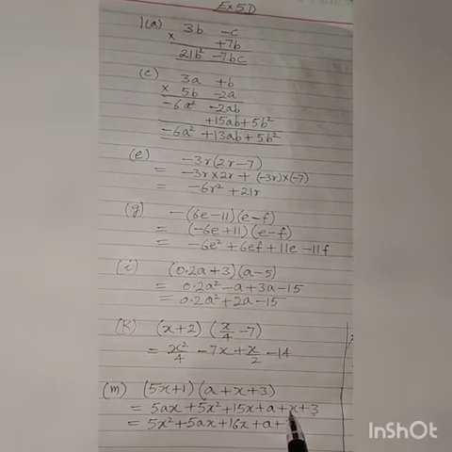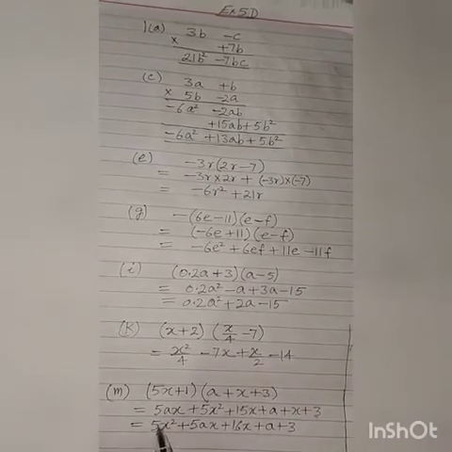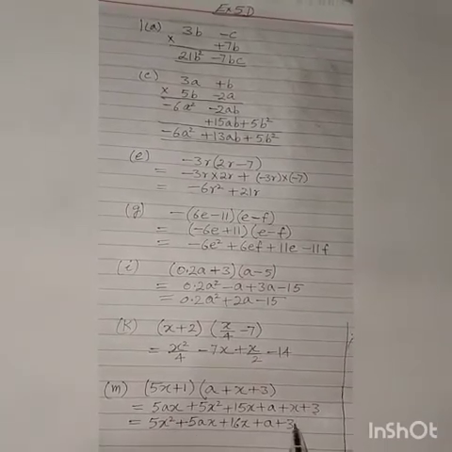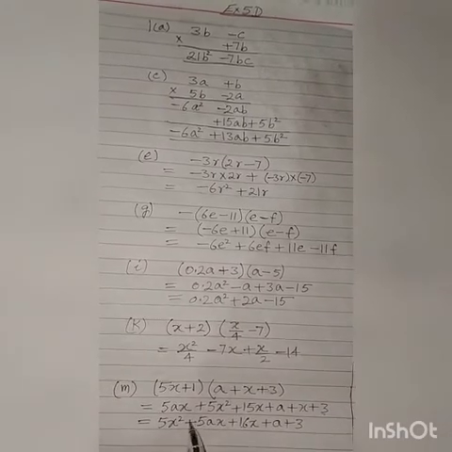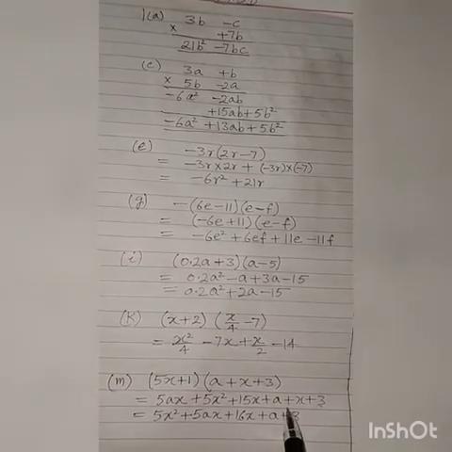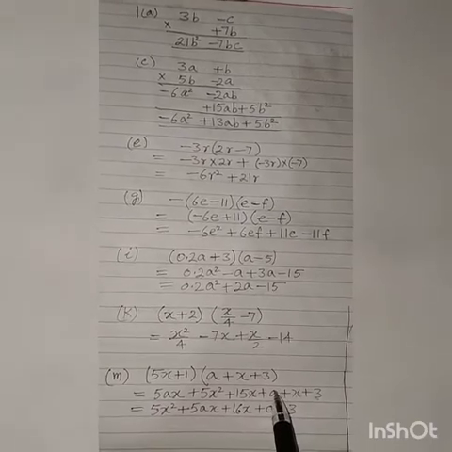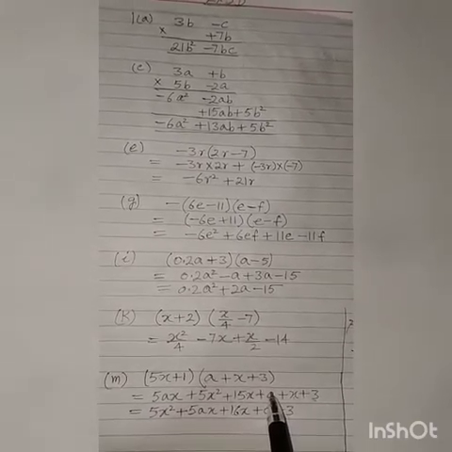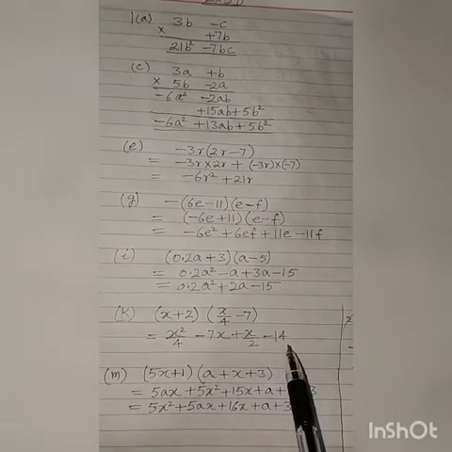So 15x plus 1x is 16x, and write the other terms as they are, and this is your answer. Okay, so we complete question 1. Then on Friday we'll complete the exercise.